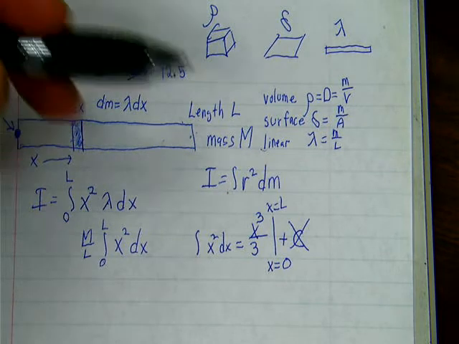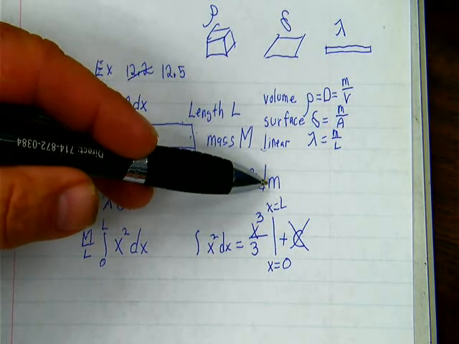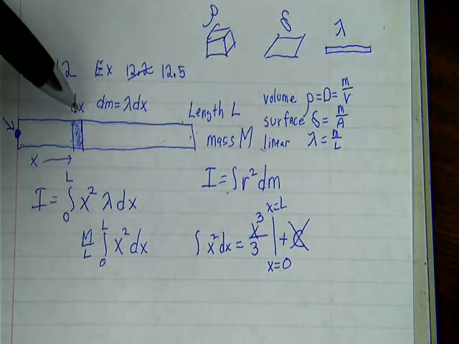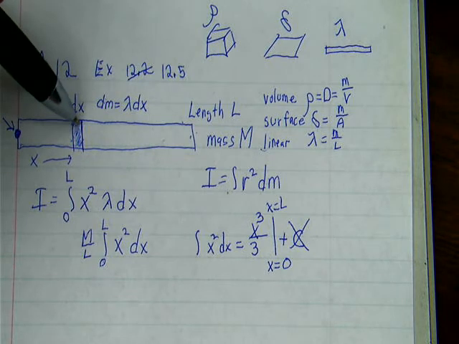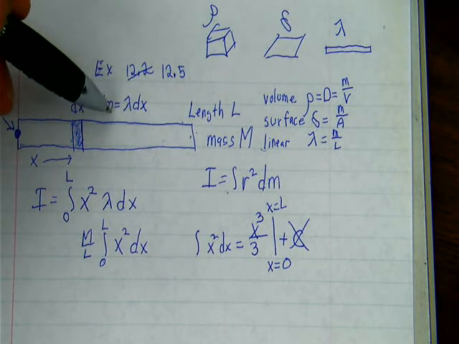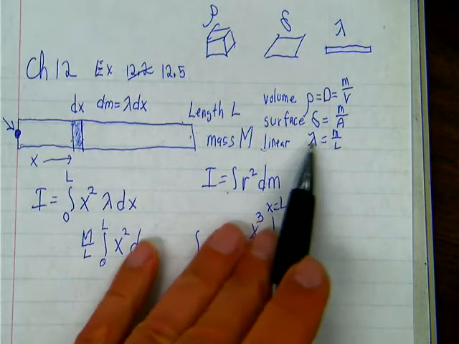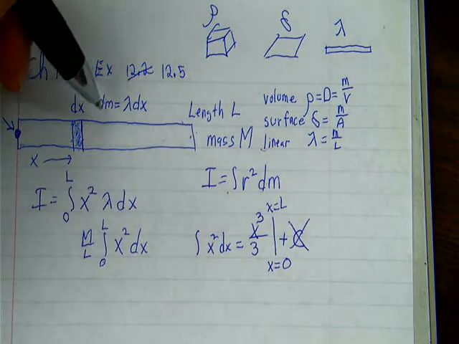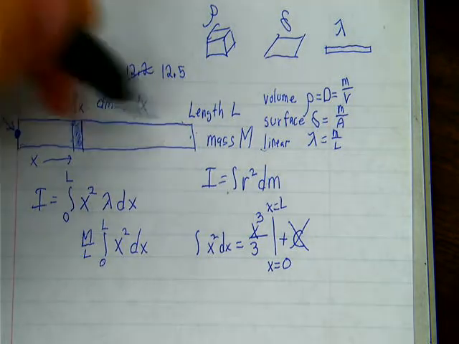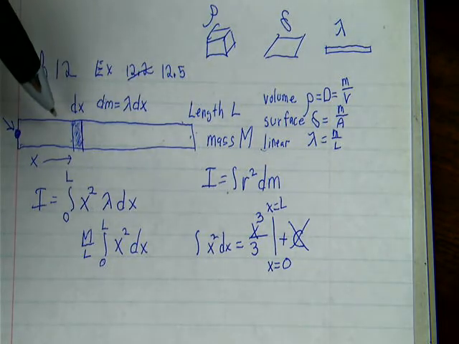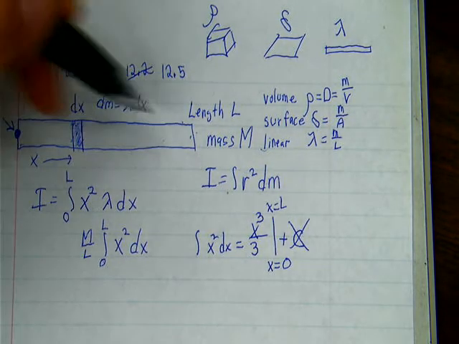The way to go from a small amount of mass to a small amount of distance is through the relationship of the linear mass density that says, look, the fraction of the total width of this is the fraction of the total mass of this.